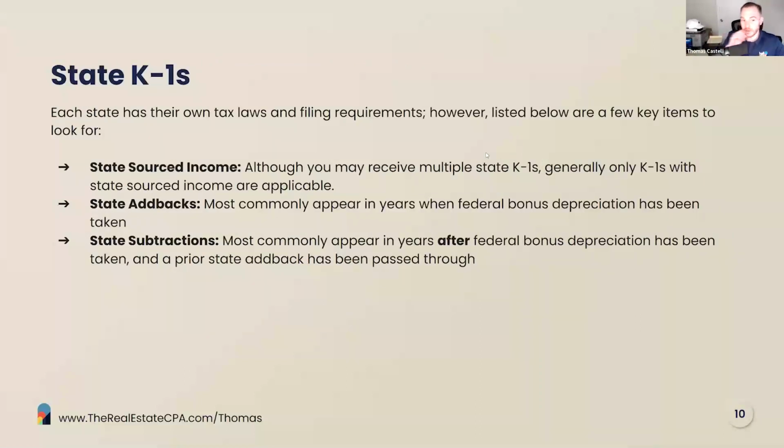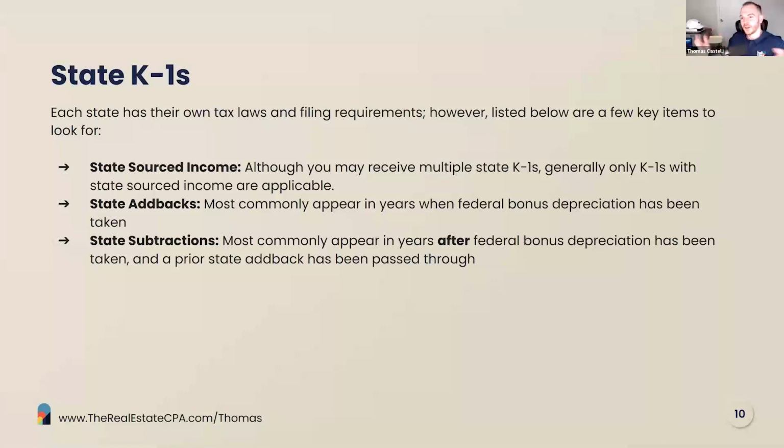And state K1. So this is the interesting part. Most of what we covered here today was the federal K1, which is where the bulk of what you need to know is from. And the federal K1 generally will translate and trickle down to the state K1. So state K1s take information from the federal K1 for their states. Now, when it comes to states, before I go all into this, there's always debate: should I file a state K1, right?